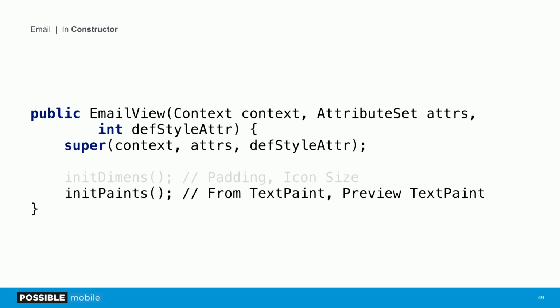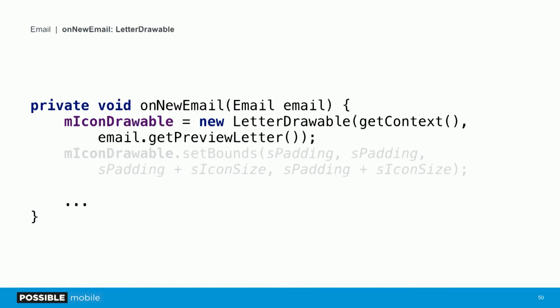In this case, we'll have one for the people list and another for the email preview. Everything else before has been pretty static. We've known what we want to draw up front. In this case, we'll need to recreate some things every time we get a new email. So first, we'll want to create a new drawable. You could also update this, so you can use one drawable and invalidate it and just update the letter that you're drawing.